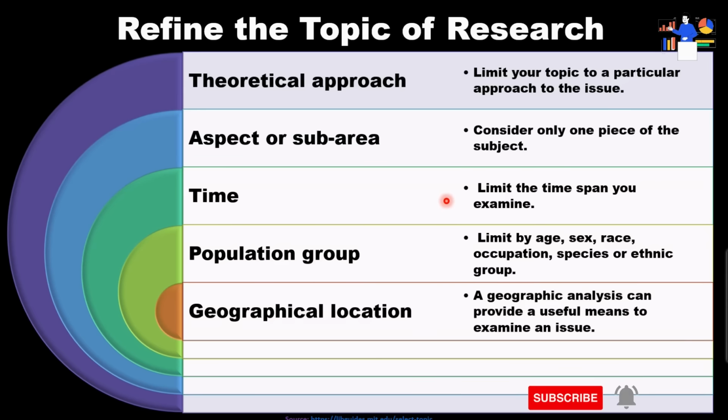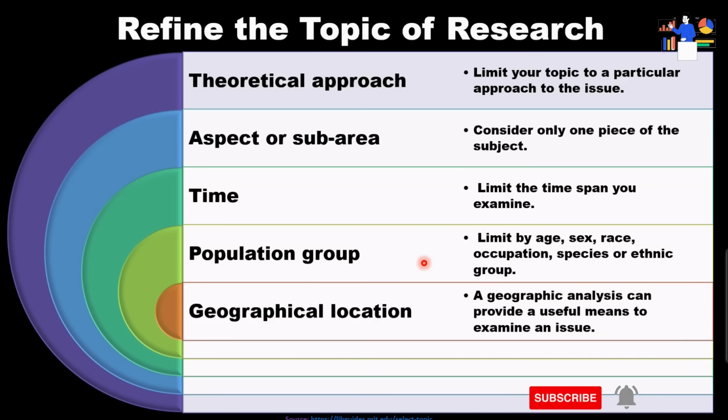Sometimes if it is a time series study, in that case you can specify from which year to which year you are going to study. It may be in current times, it may be a cross sectional study, it may be experimental. It depends on actually what topic you are going to research on. And the next point is, you also need to think about your population group, where you want to study, and how you will get your data.